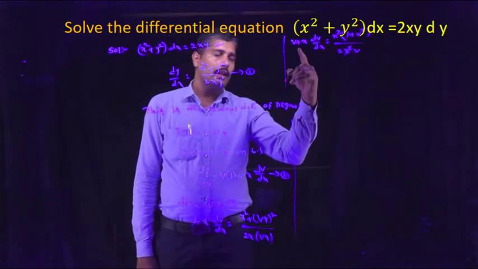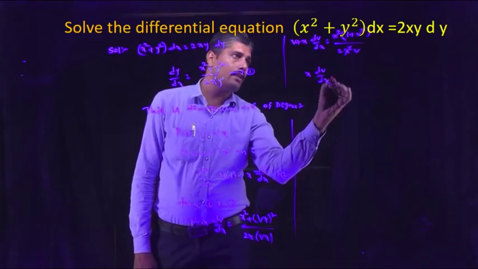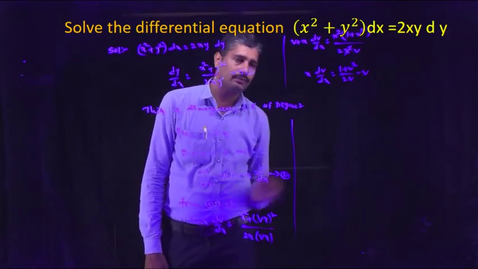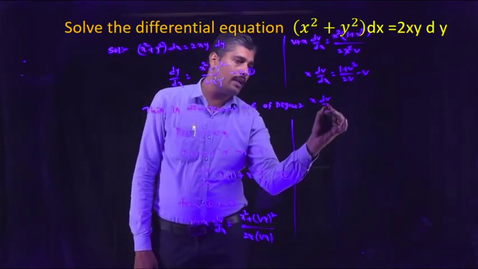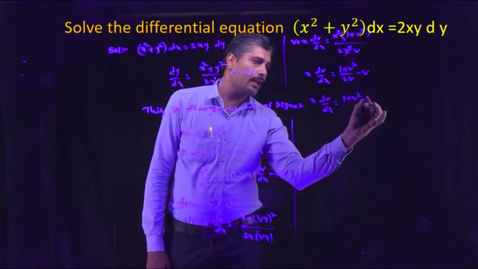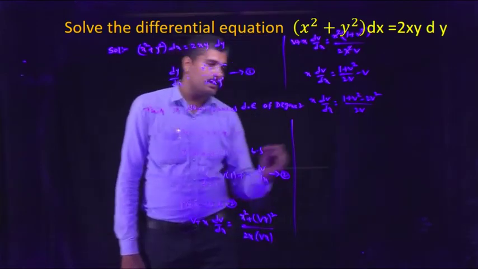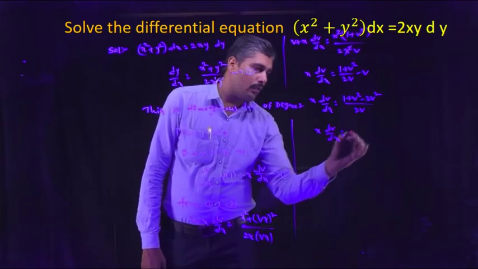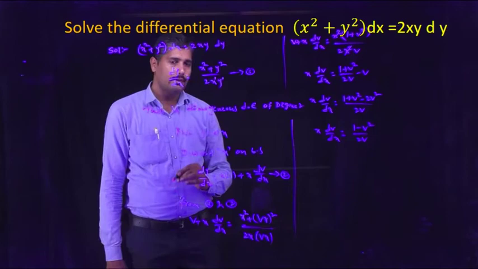Then take v to the right side, then we get x into dv by dx equal to 1 plus v square by 2v minus v. Take LCM, x into dv by dx equal to 1 plus v square minus 2v square by 2v, that is x into dv by dx equal to 1 minus v square by 2v.